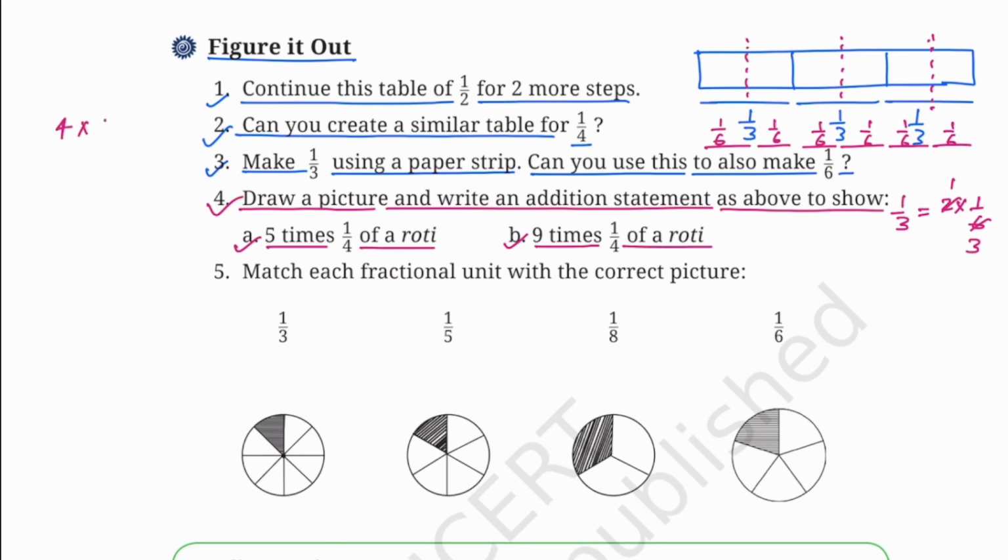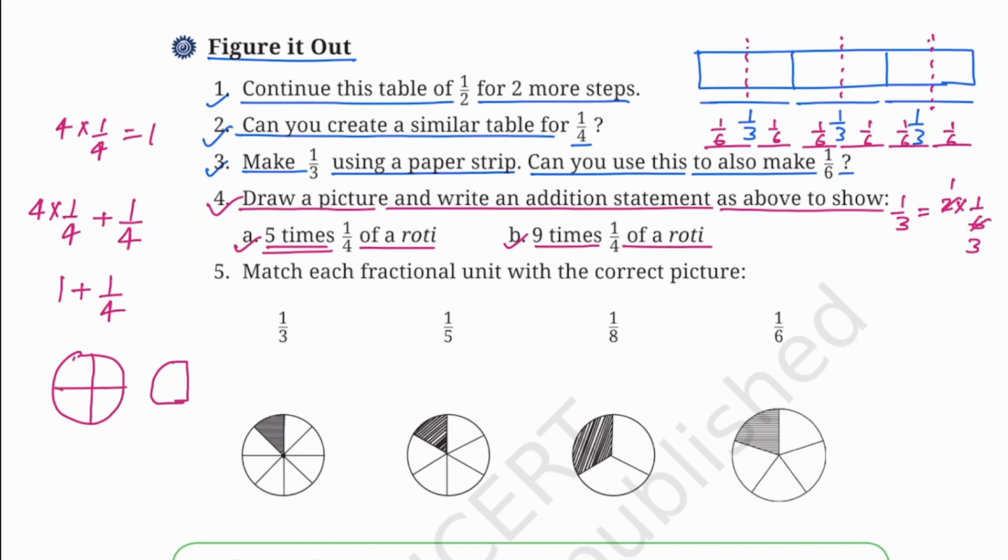You know 4 times 1 upon 4 is equal to 1. 5 times means 4 times 1 upon 4 plus 1 upon 4. That is 1 plus 1 upon 4. It can be drawn like this: 1 roti and a quarter roti.